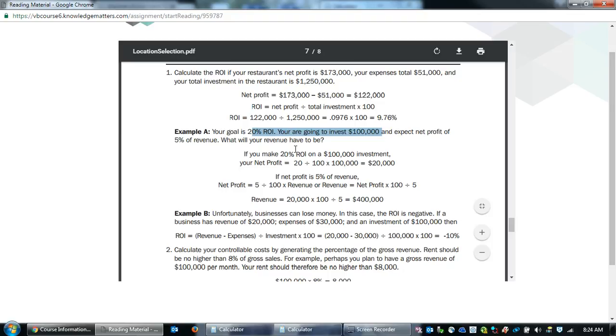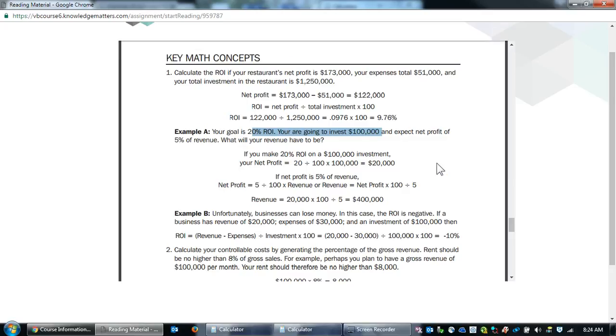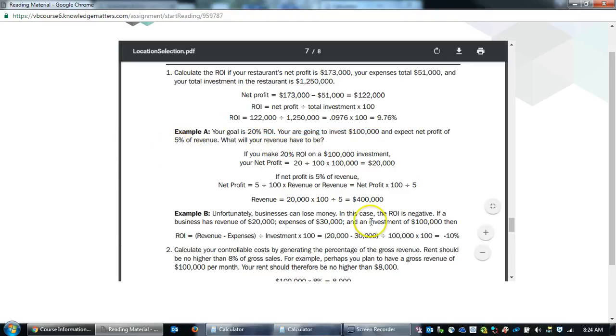That's what we're trying to do. We don't know what our big number called revenue was. They gave us all the things worked afterwards, like what we did a couple weeks ago, but this is working backwards. After I found my 20%, I'm going to find out what that is 5% of. That's how we got it right here: 5 over 100 and then 20,000 over x, and we would be solving for x.